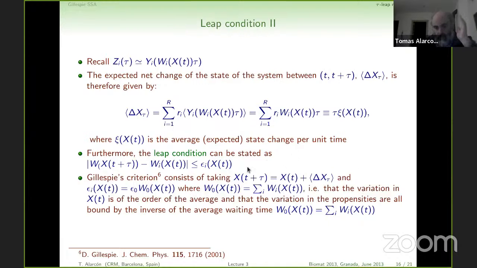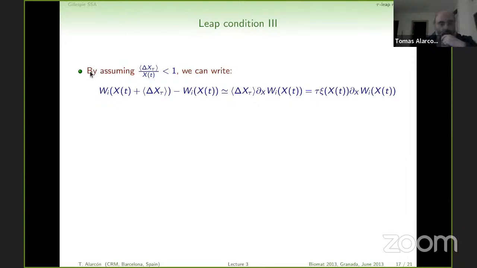So this is basically this formula here. We are going to take this and see where we go. Also, we assume that the average change is much smaller than the actual value of the variable.